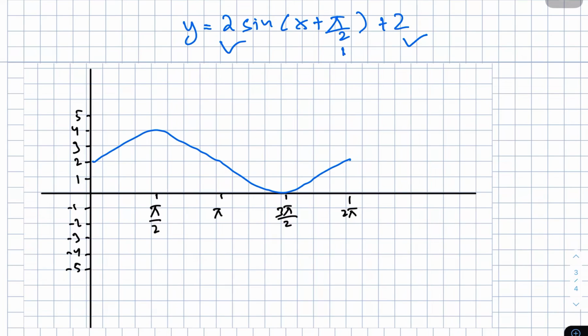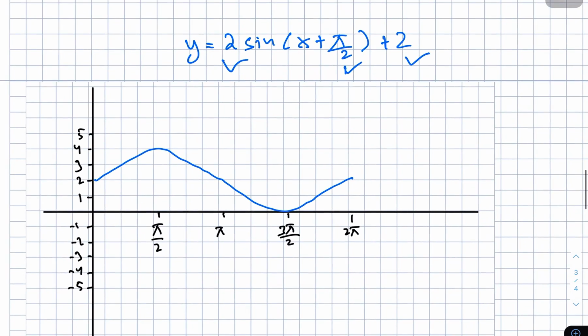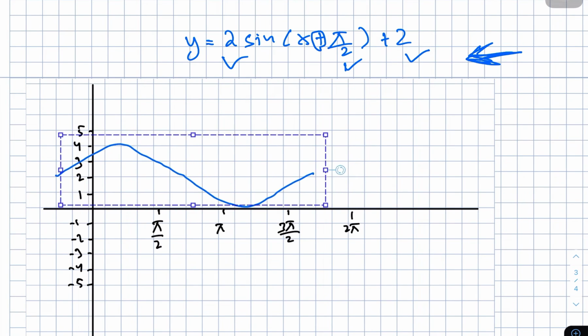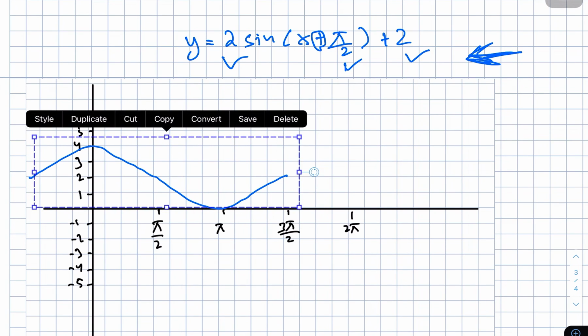Now that we've figured the amplitude out, remember when d is positive, our graph has a horizontal shift towards the left. So we're going to move our graph by pi by 2 towards the left. So for example, I can just take this and move this by pi by 2 to the left.